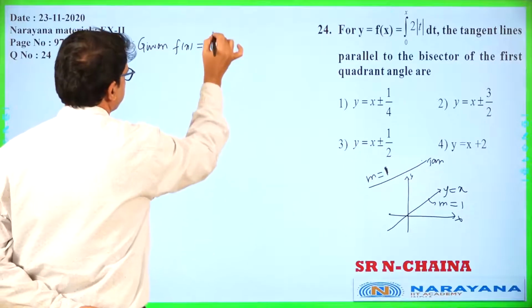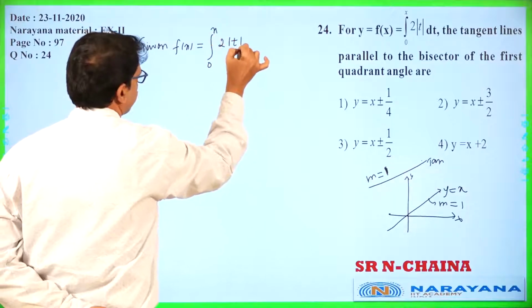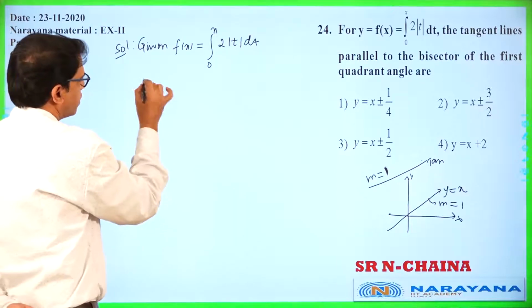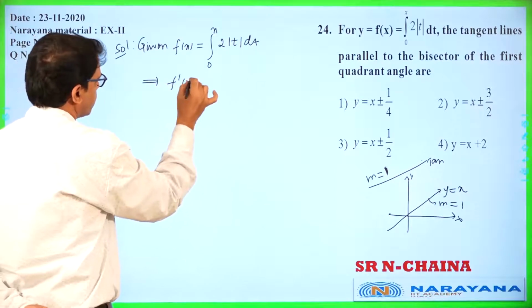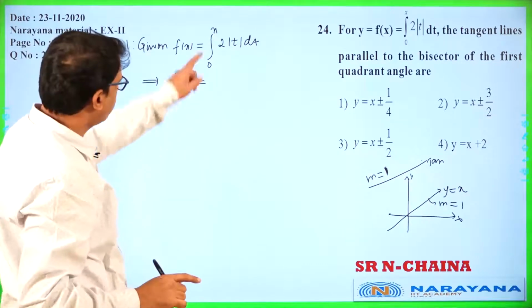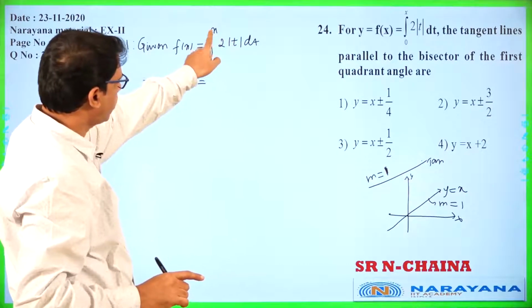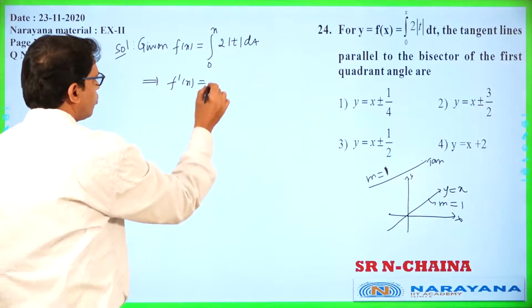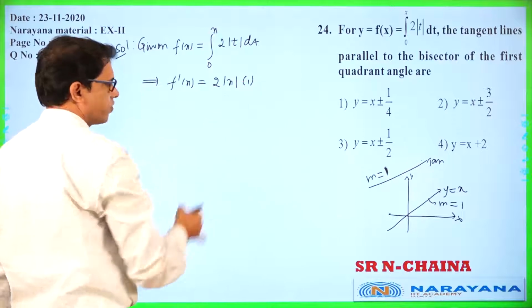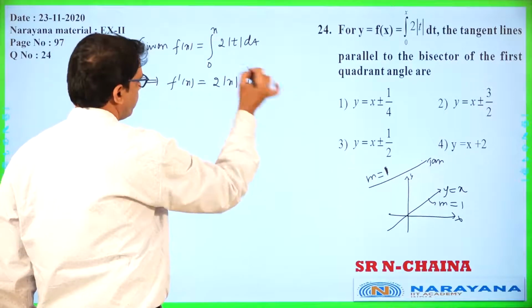Given f of x equals the integral from 0 to x of 2 times mod of t dt. Differentiating with respect to x, f dash of x is equal to, applying the Leibniz rule, replace with the upper limit x, so 2 into mod of x into the derivative of x, which is 1, minus this will be 0.